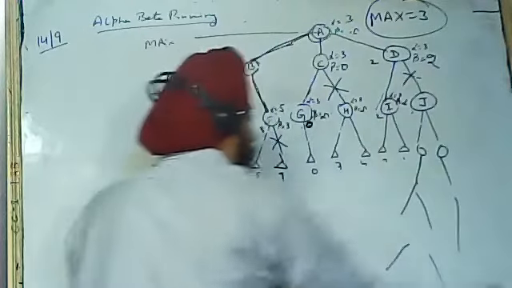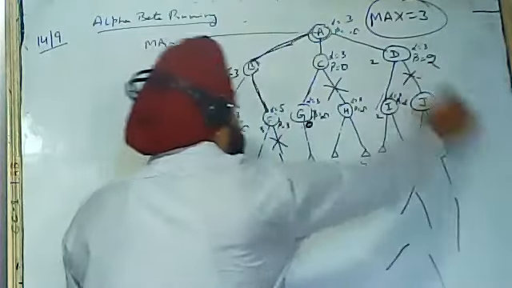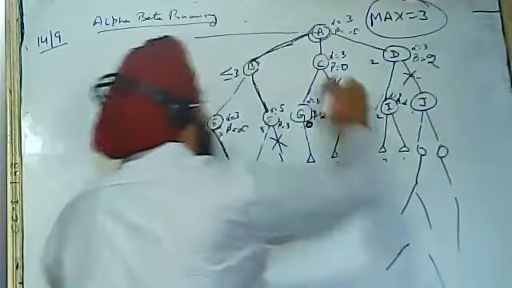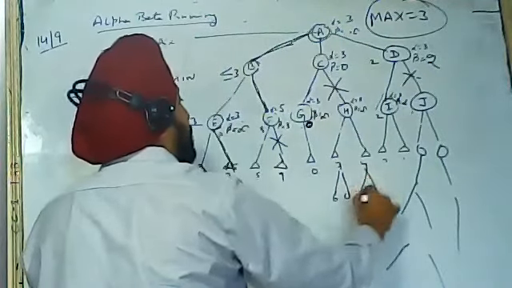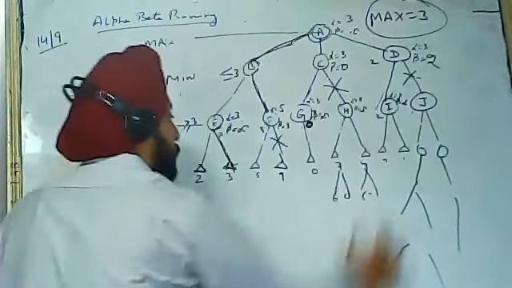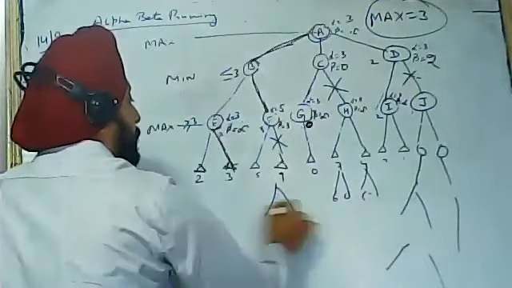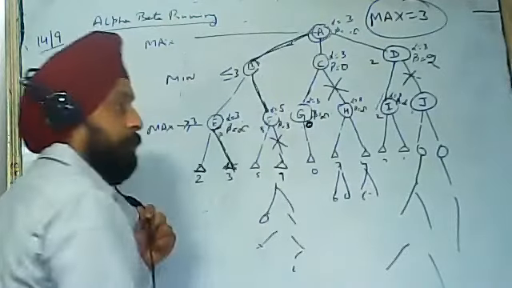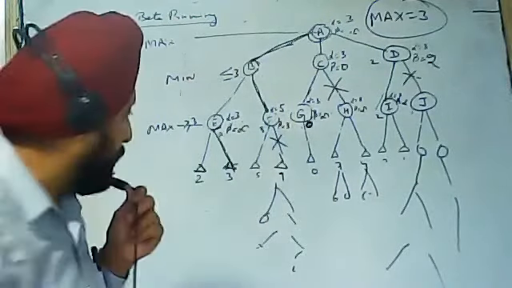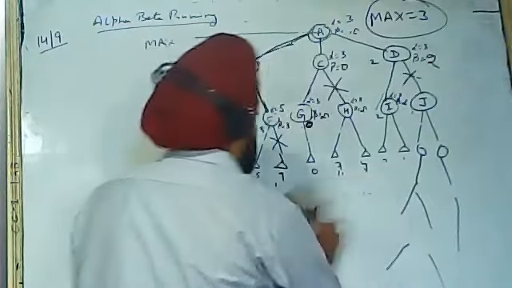We will not solve this whole branch. Also under this, if it has any number of branches, we need not solve it. Also under this, if we have any number of branches, we need not solve this. So this is what alpha beta pruning is.